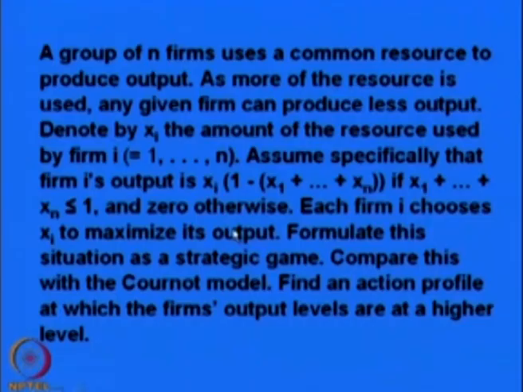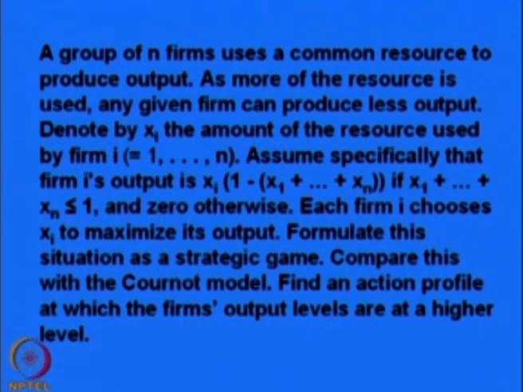This is the question: a group of n firms uses a common resource to produce output. As more of the resource is used, any given firm can produce less output. Denote by xi the amount of resource used by firm i, where i goes from 1 to n.